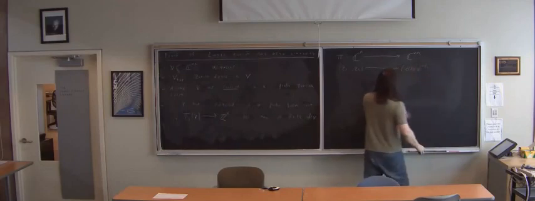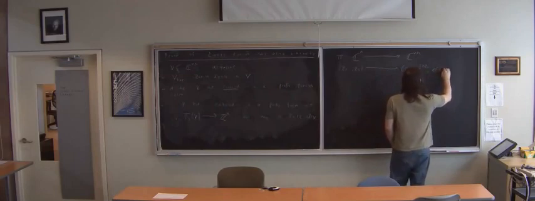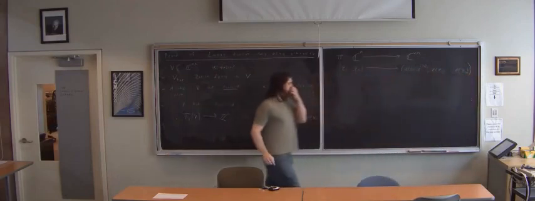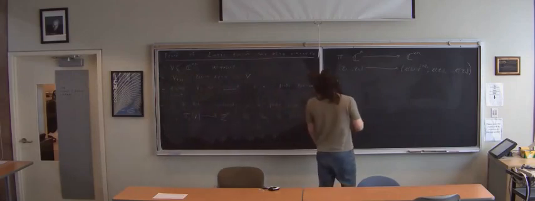I want to exponentiate every coordinate, scaled by 2 pi i. So this is the exponential map.